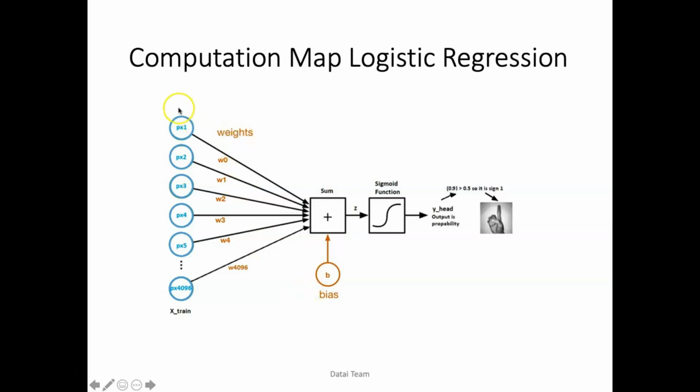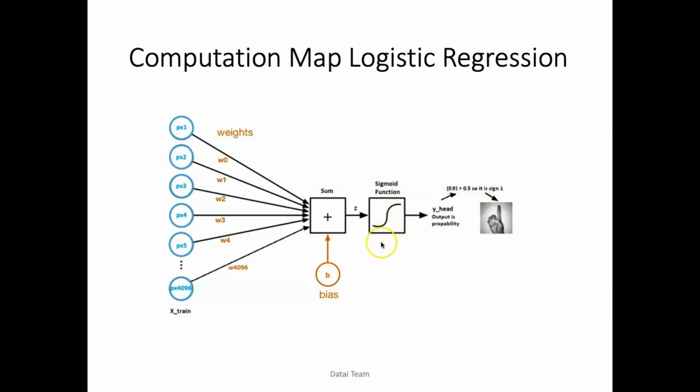So we are doing x1 times w1, x2 times w2, x3 times w3, and x4096 times w4096, and then add our bias. And this sum gives us the z value, and we put this z value through a sigmoid function to get y hat, and the output is the probability.